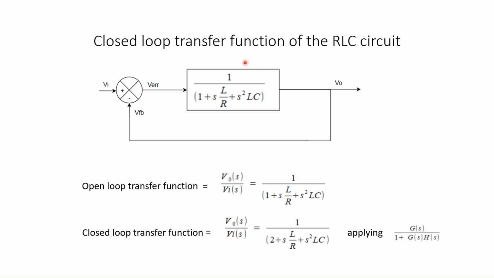So the closed loop transfer function of the RLC circuit is shown here. This is the open loop transfer function, and VO by VI, the closed loop transfer function, is given.